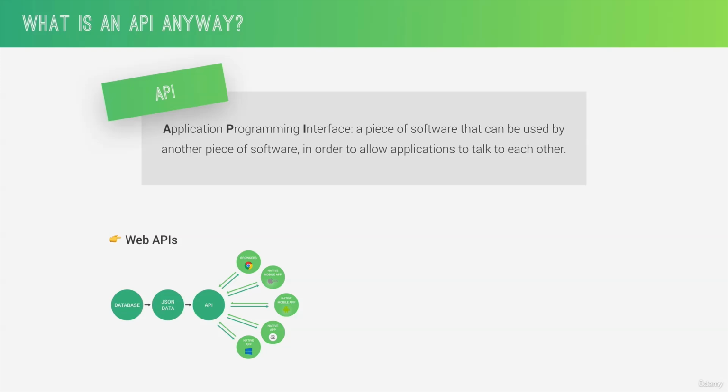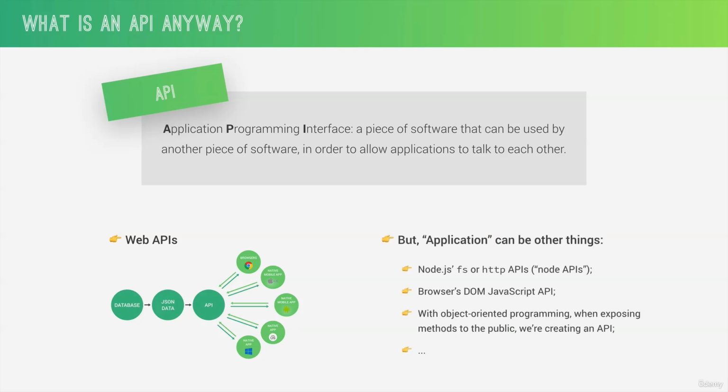But in fact, APIs aren't only used to send data and aren't always related to web development or JavaScript. So the application in API can actually mean many different things as long as the piece of software is relatively standalone. Take, for example, the Node file system or the HTTP modules.